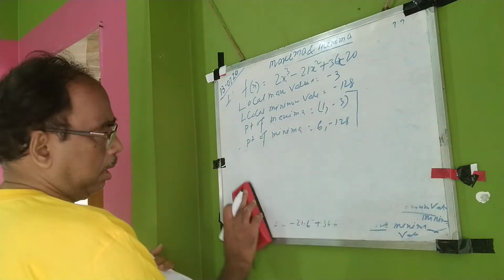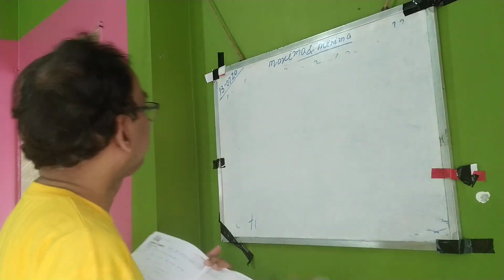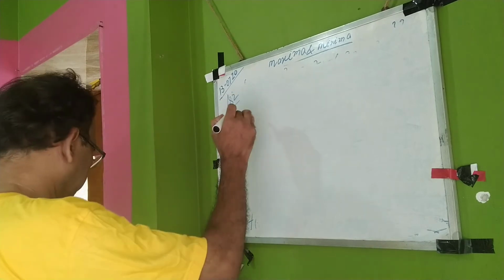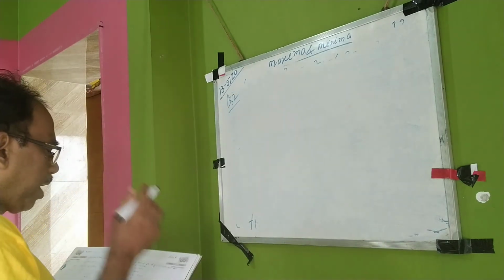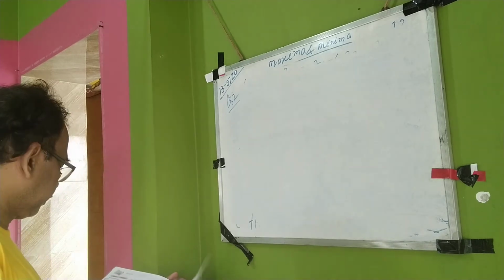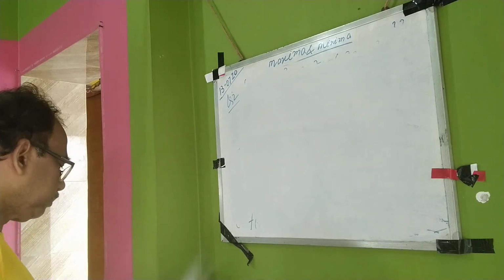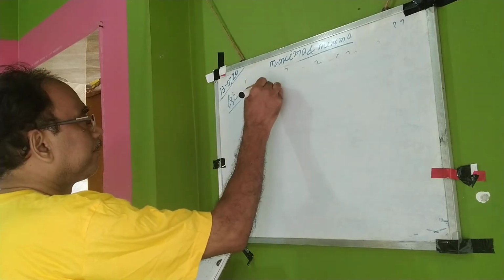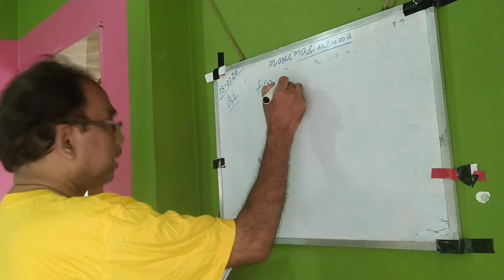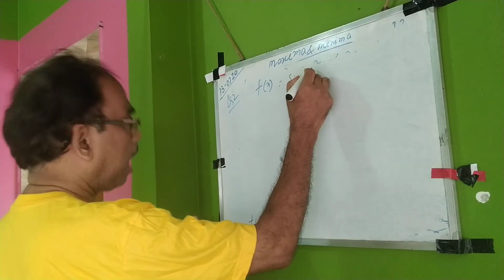Next, sum number 2. Find the turning point. Here f(x) equals sin x plus half of cos x.